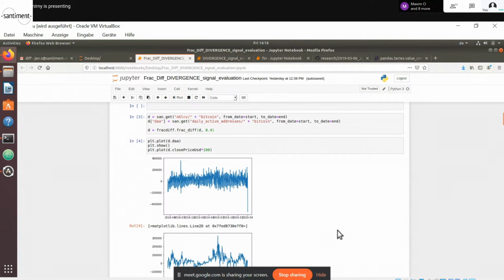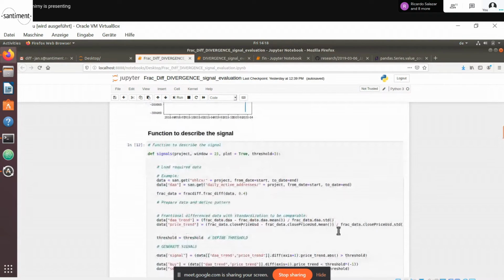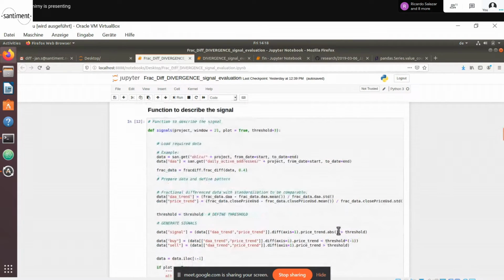So what I did instead was to just take the fractional differences over price and daily active addresses, and then compare them. And then the only parameter that you need to select is, as Tzanko said, this D value of how much history you want to have in that.